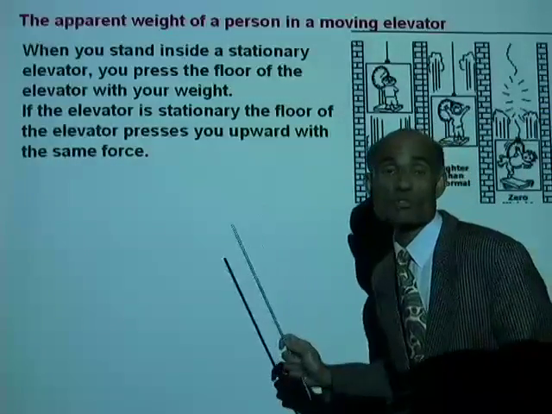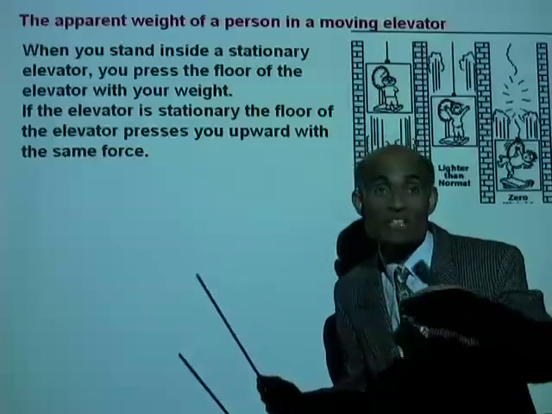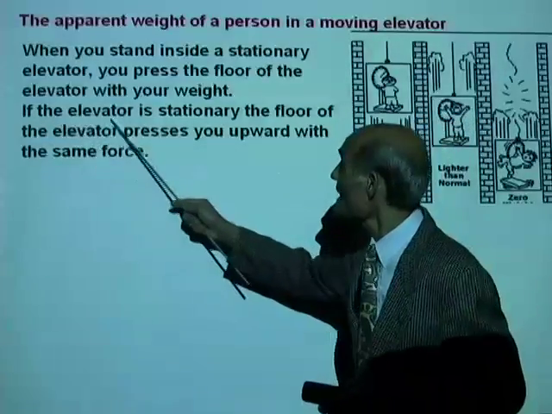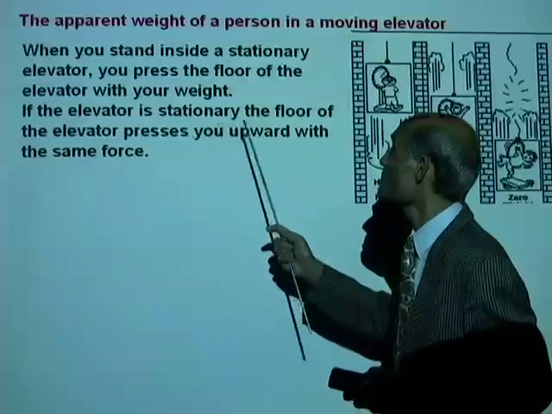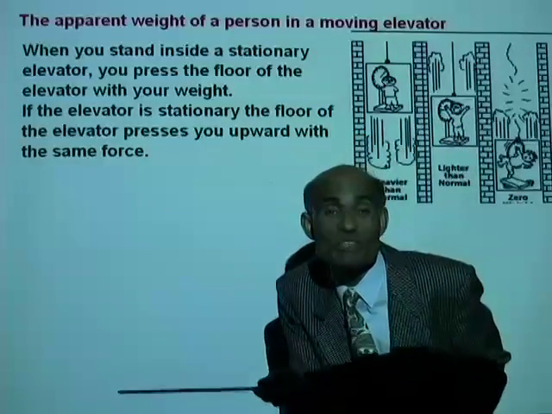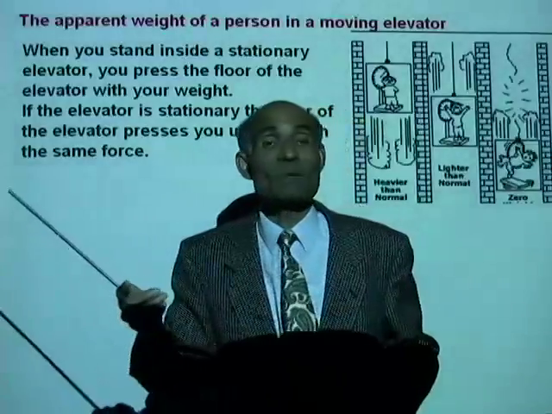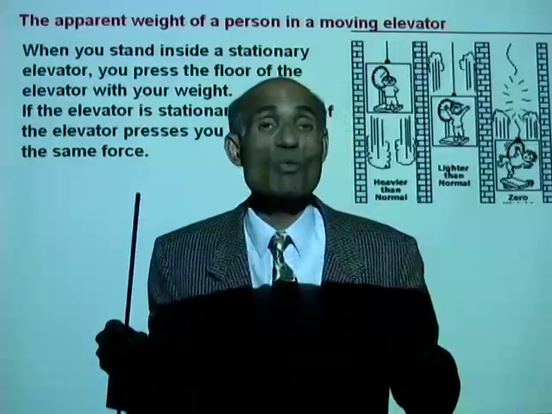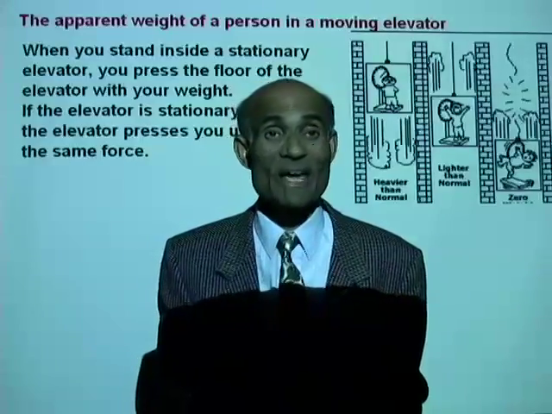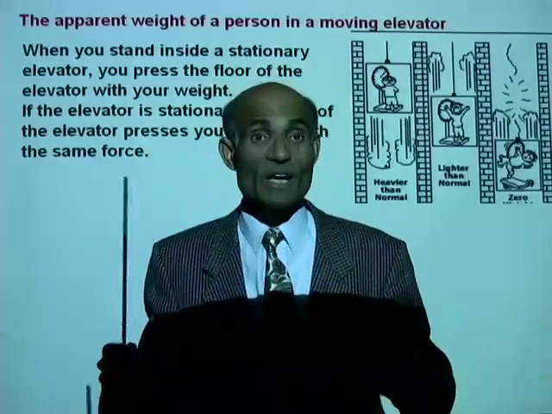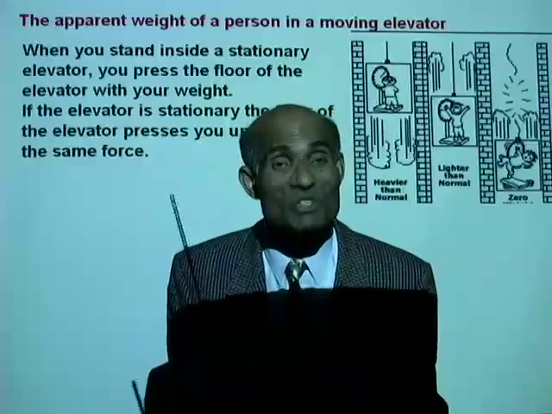I haven't got where the elevator is stationary. Now, if the elevator is stationary, the floor of the elevator presses you upward with the same force. That means if you are standing on a weighing machine on the floor of the elevator, which is not moving, it will read your actual weight.